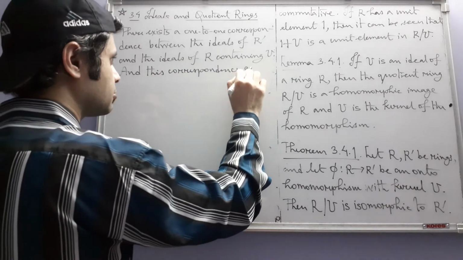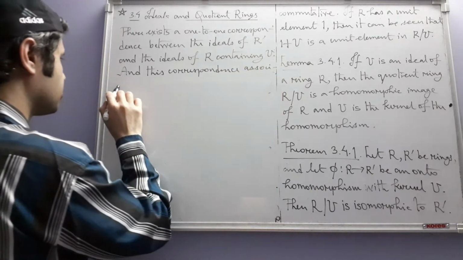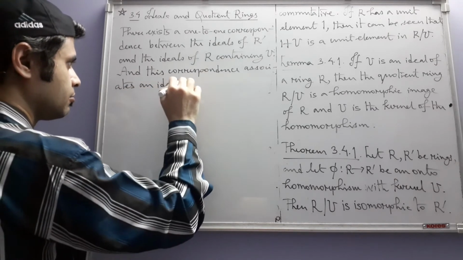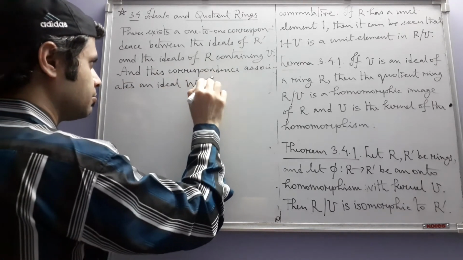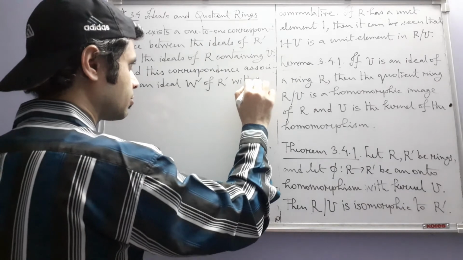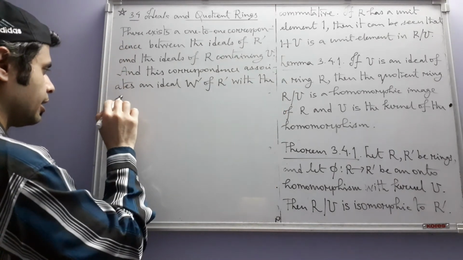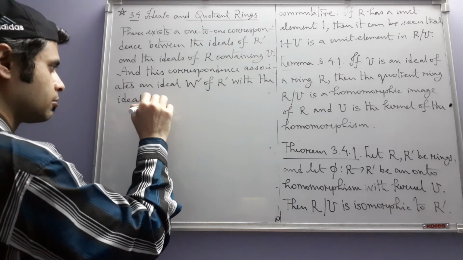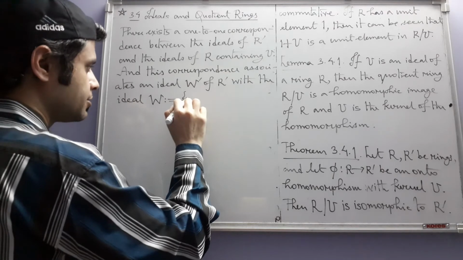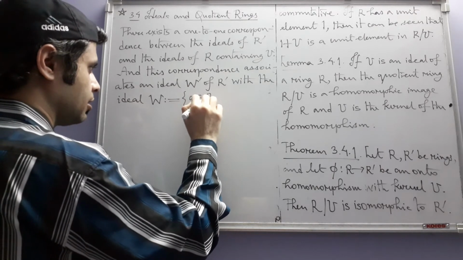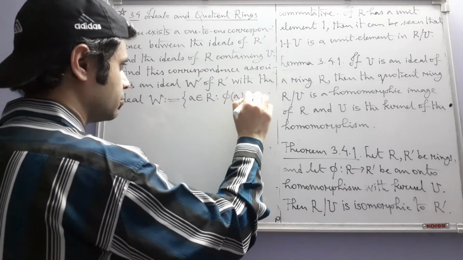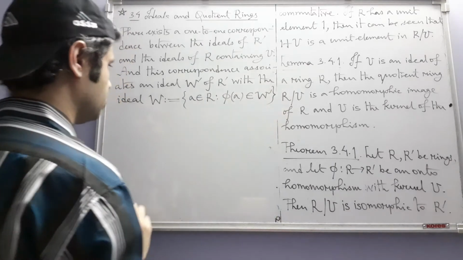This correspondence associates an ideal W prime of R prime with the ideal W of R, which is defined like this: the set of all elements a in R which are mapped onto W prime.